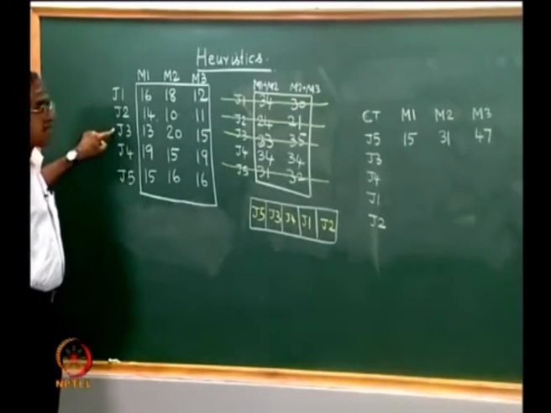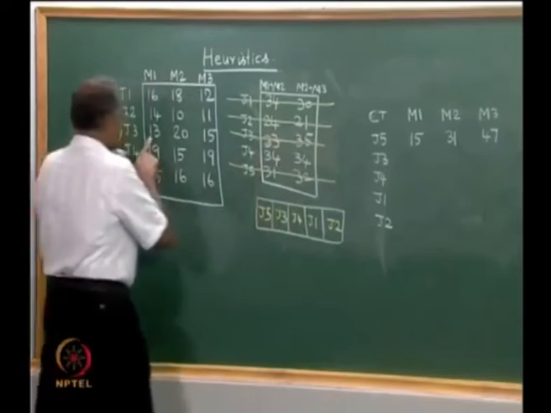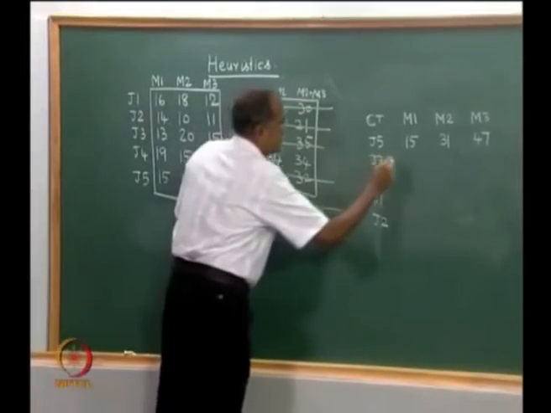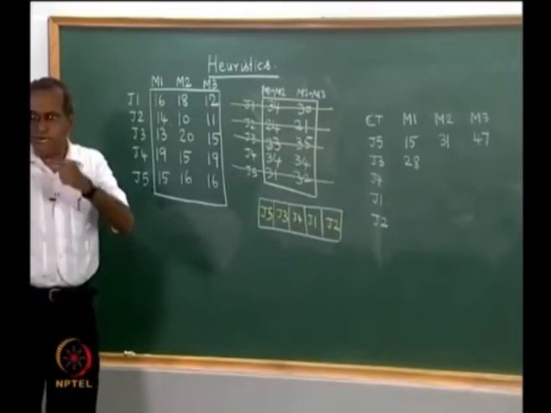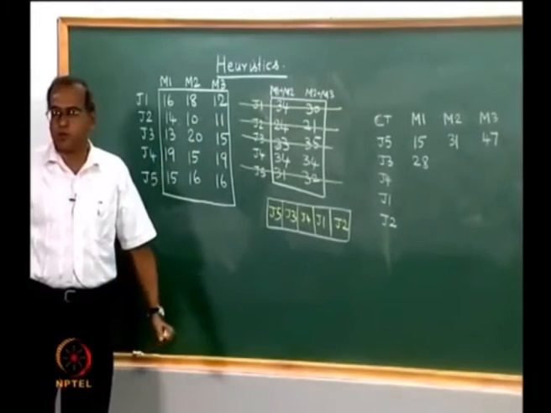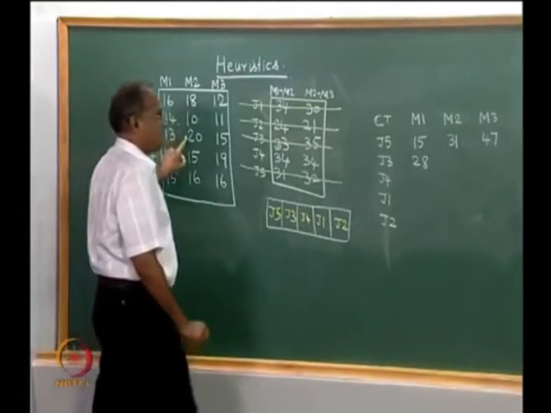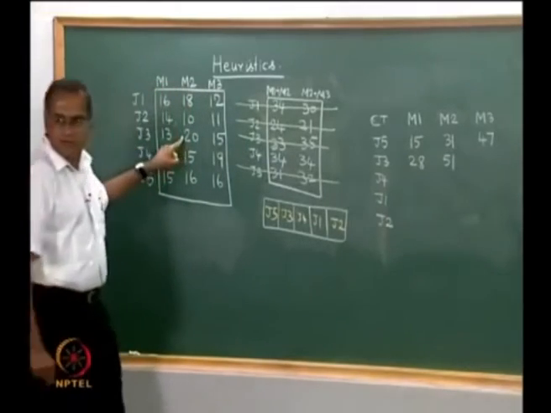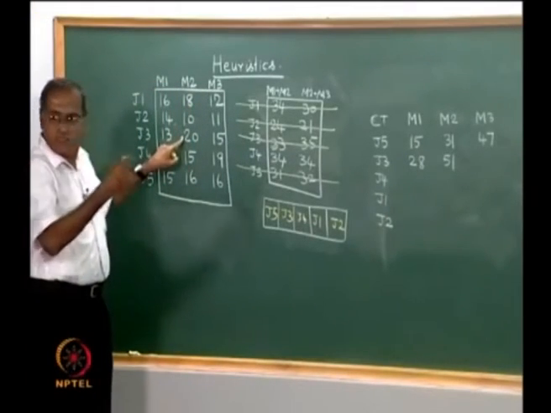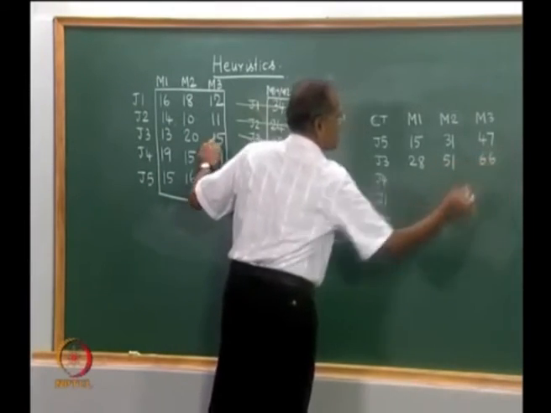So J3 starts at 15 on M1, takes another 13, so comes out at 28, has to wait till 31 for M2 to be free, takes M2 at 31, finishes at 51, 31 plus 20, by which time M3 is free. So 51 plus 15 is 66.